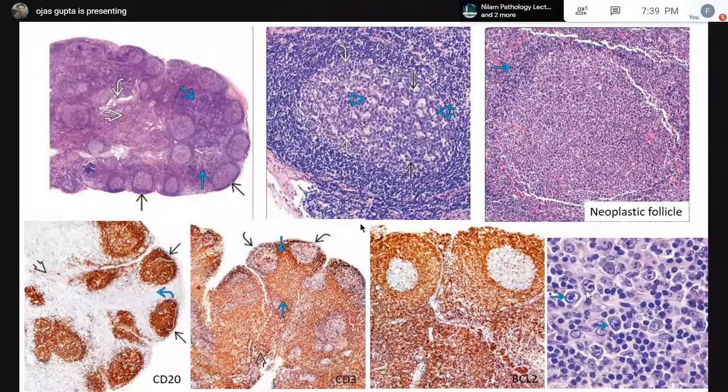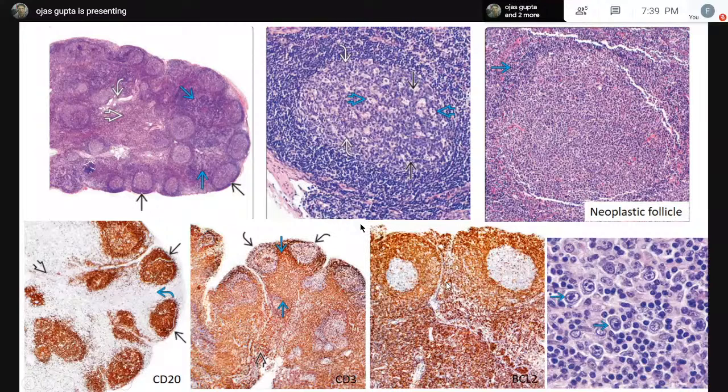Additionally, there are centroblasts, which have peripherally placed nucleoli, and some small mature B cells. These follicles are predominantly composed of CD20 positive B cells, whereas the T cells are predominantly present in the interfollicular region. In the follicles, there are T follicular helper cells.